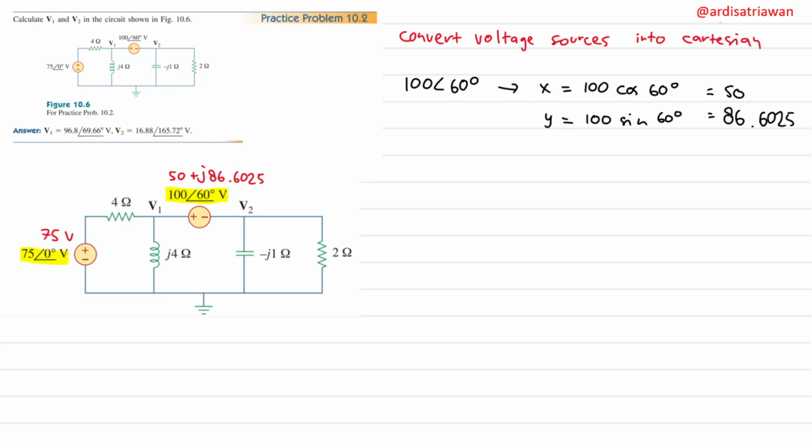So let's start. Maybe I think we can just use nodal analysis here, and let's assume the direction of the current. This one, this one, this one, and this one here. And because this is between two essential nodes, I will have a supernode here.